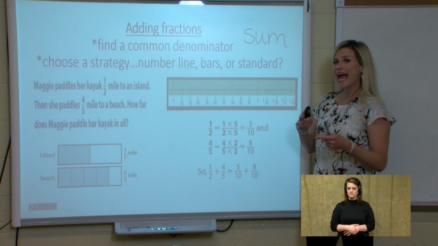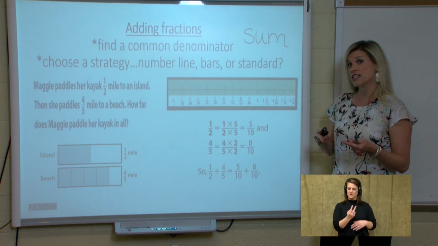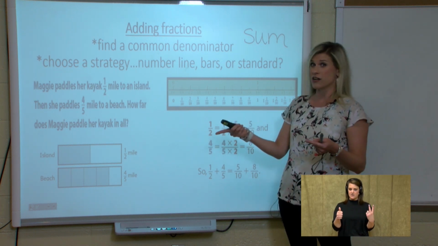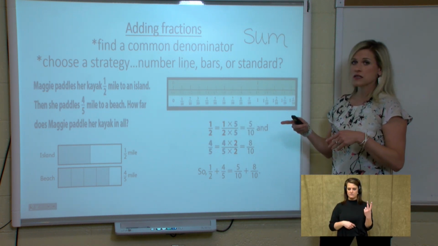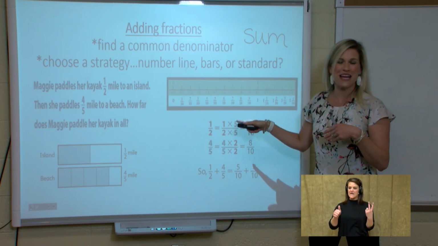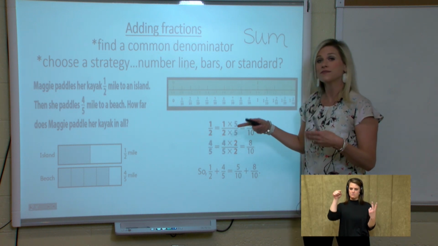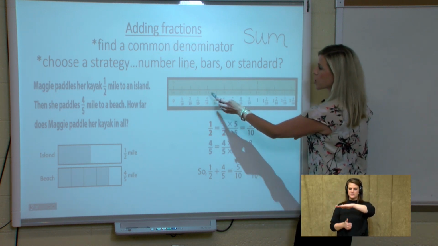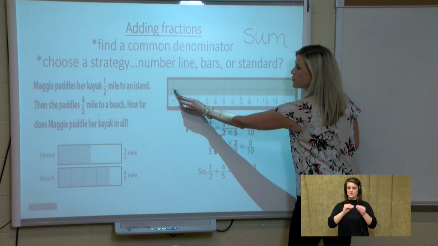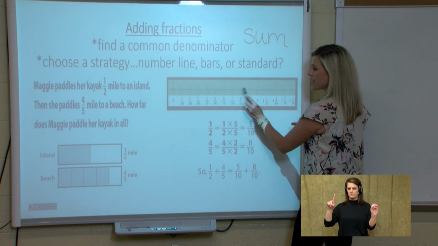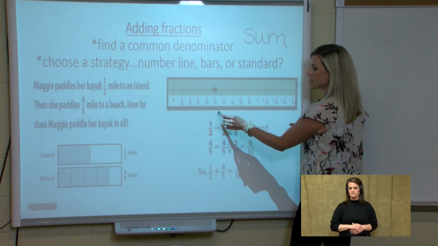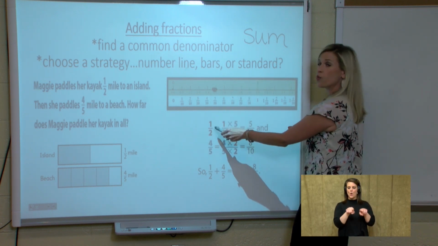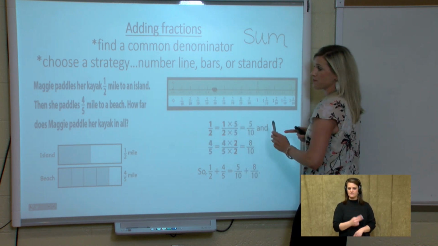So 1/2, if 10 is our denominator, and we just said this at our exit ticket, then what would be our numerator? 5/10. So here on my number line, I have a 0 and 1 whole. Here is 5/10. I'm going to plot it right there because 5/10 is also 1/2.